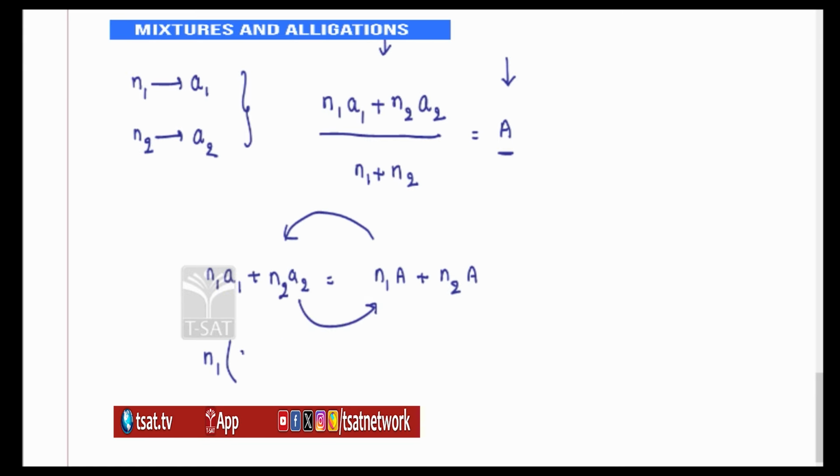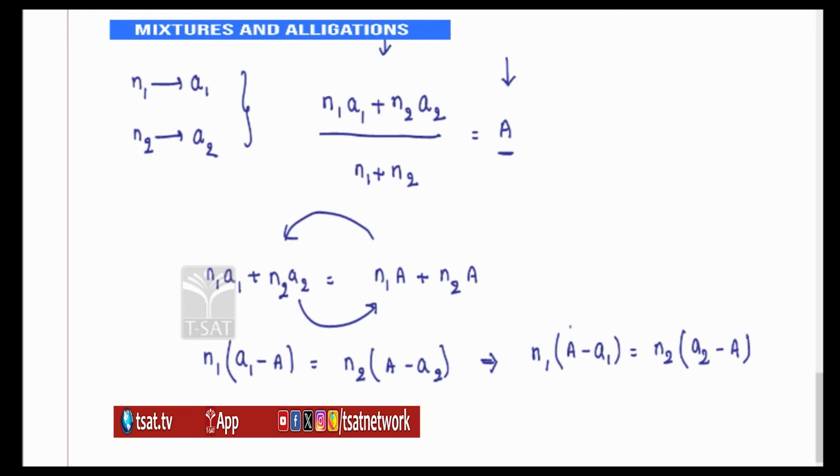It becomes N1 into small a1 minus capital A is equal to N2 into capital A minus A2. If you take common negative, you also get N1 into capital A minus A1 equals N2 into A2 minus capital A.